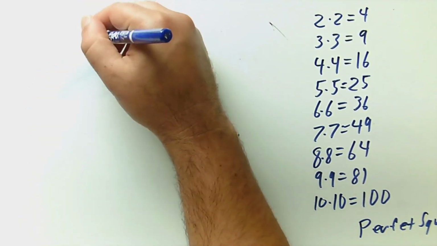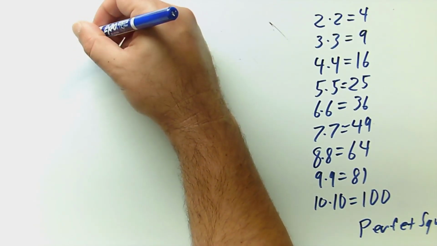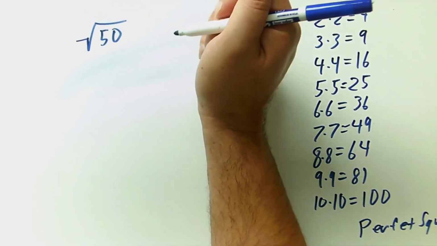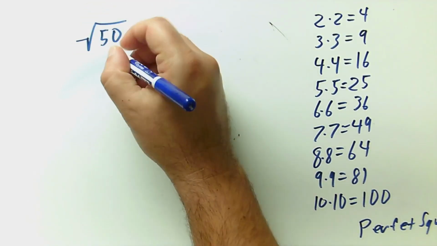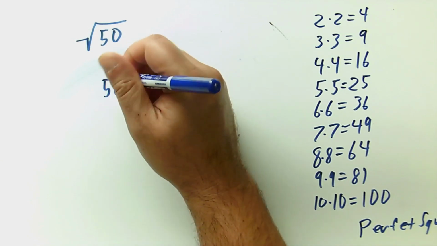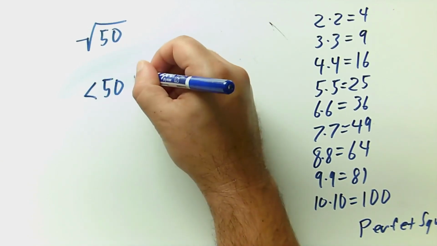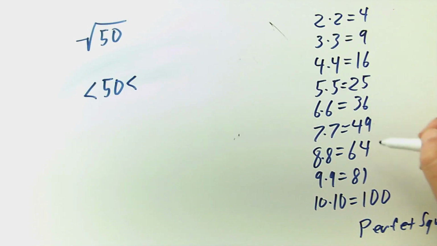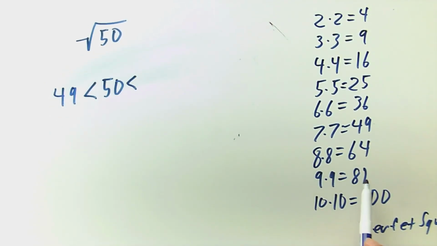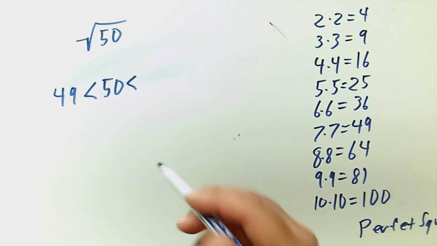let's say we want to do the square root of 50. How do we get there? First we'll just take the 50 by itself, and which perfect squares is 50 in between? It's between 49 and 64.